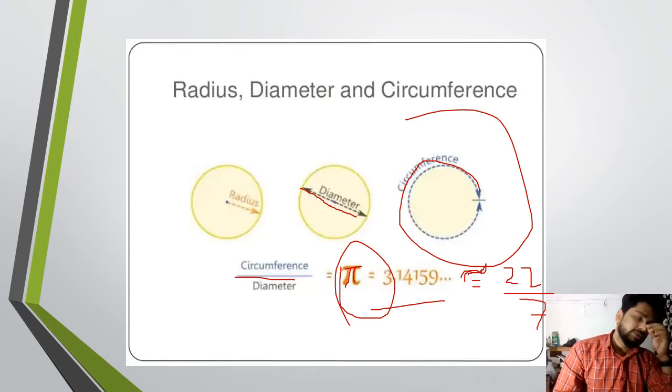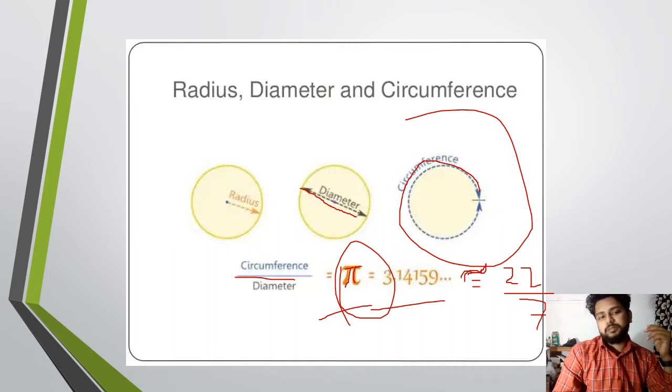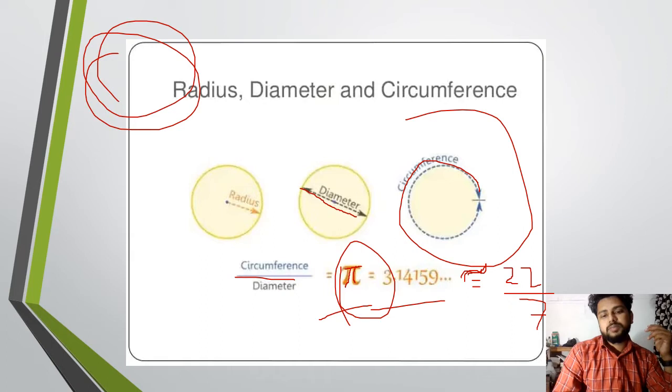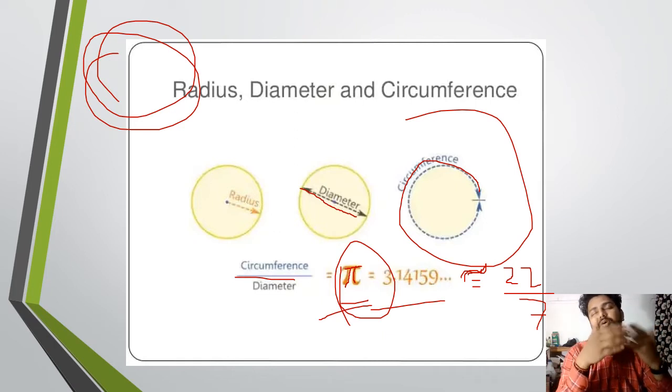Now here's the question: where do scientists get the value of pi from? The value of pi was found by doing experiments. Many experiments were done by scientists to find the value of pi. I'm just trying to explain how scientists do that kind of experiment.